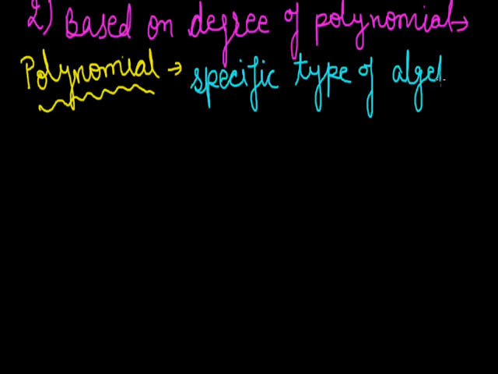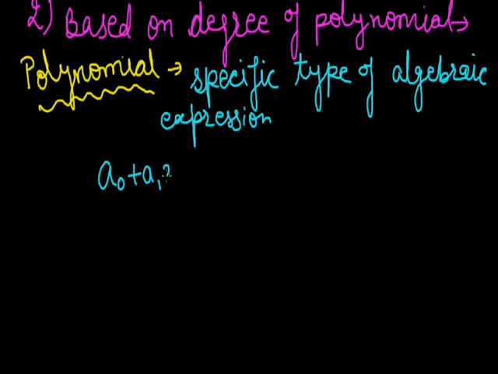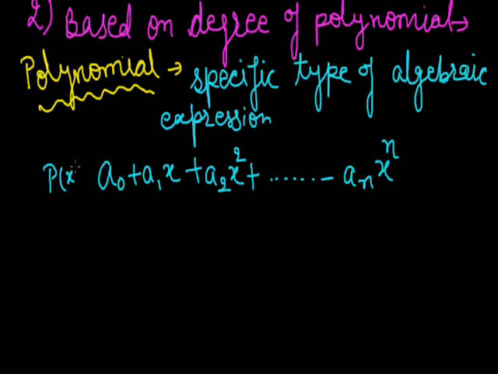algebraic expression whose format is given as a0 plus a1x plus a2x square plus, and it is continued up to a certain number of terms, for example n. Now we have defined this expression in the variable x, so we can call it a polynomial in variable x.